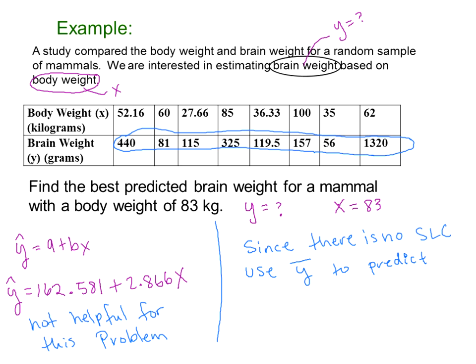You can do 1-Var Stats, sure. If you didn't want to do 1-Var Stats, then you have all the y's. You could add them all up and divide by 8, just to find the mean. But since we already have the data in our calculator, let's go ahead and bring that up again.